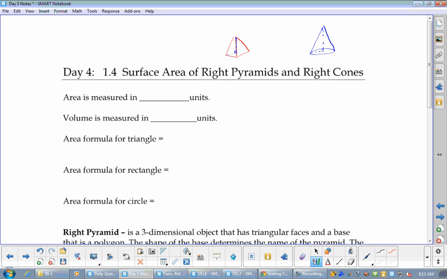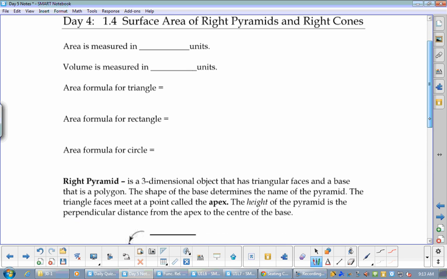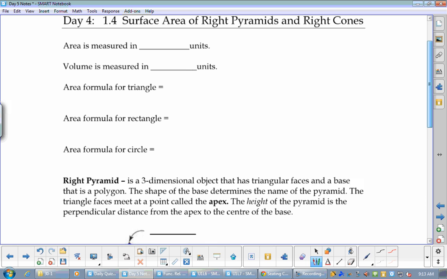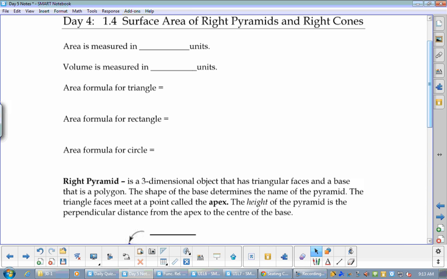You can see that there are right angle triangles inside them, and that's why I just wanted to touch on Pythagoras a little bit, just to familiarize it. Summers are long, so sometimes we forget all those things. So area is always measured in what kind of units? Squared. Very good.